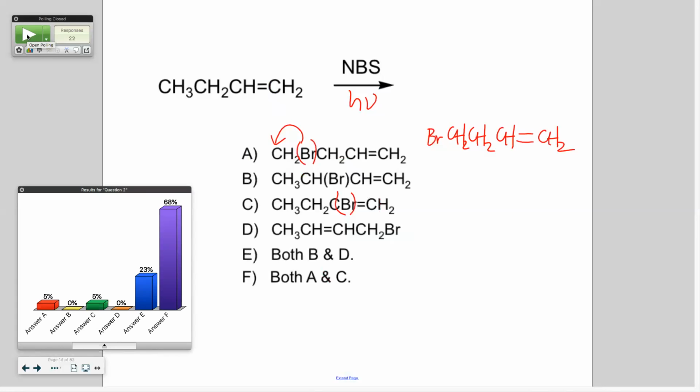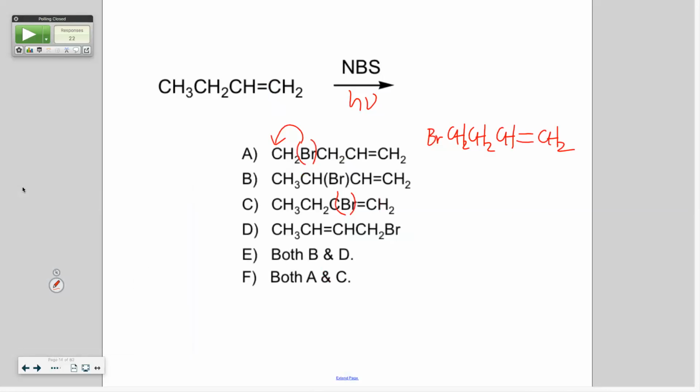Okay. All right, so what is NBS specific for? What kind of hydrogens? Allylic. Okay, so where are the allylic hydrogens? They're on the allylic carbon. Which one?